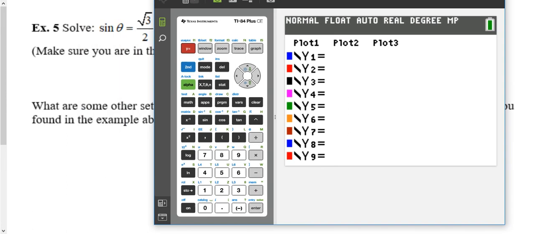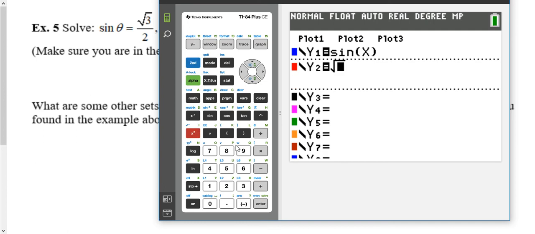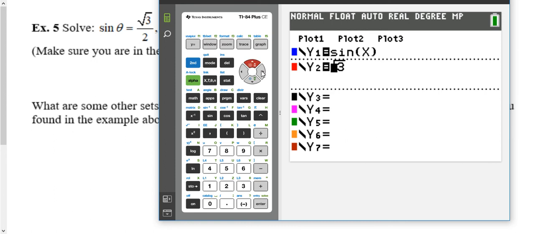On our graphing calculator, in y1 I type sine x, close bracket, because x is now theta. In y2 I go square root 3 over 2, that's 3 divided by 2. What I want to do is make sure that I'm in the proper mode.